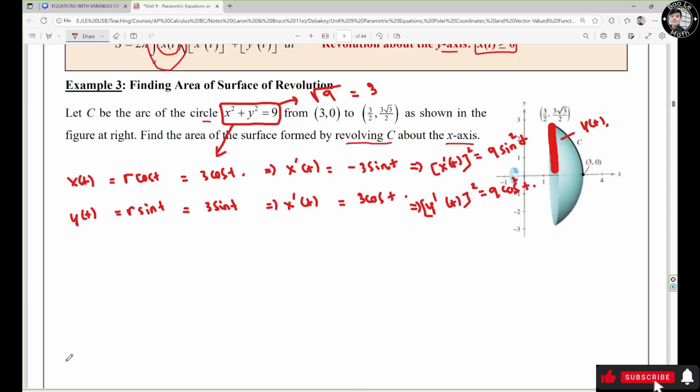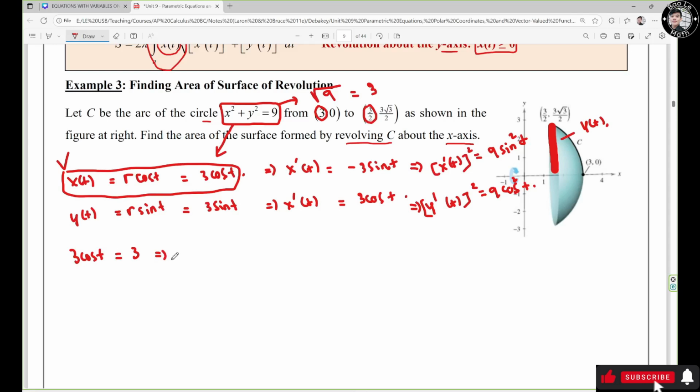Now you need to find the boundaries of integration, right? So this one right here is the x-coordinate. Since we are revolving about the x-axis, you need to use the x-coordinate, right? So you have 3 cosine of t equals 3.